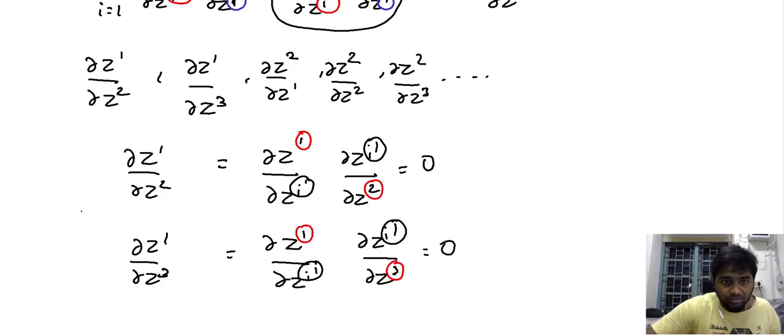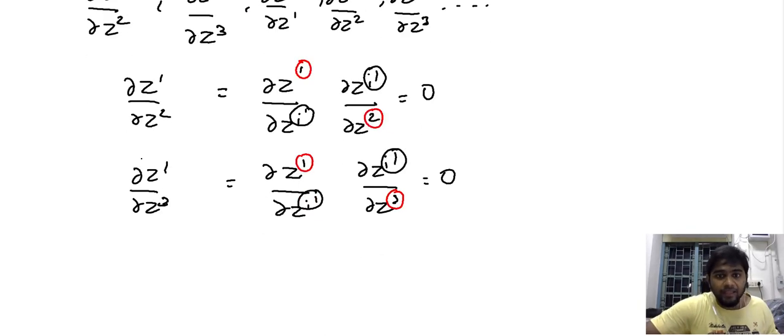Here, the partial derivative of z1 with respect to z2. The characteristic feature of this partial derivative is indicated by the indices in the red, whereas the indices in the black represent the summation. So the indices in the black indicate the summation, whereas the indices in the red demand a separate expression.